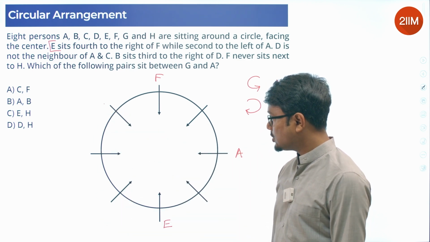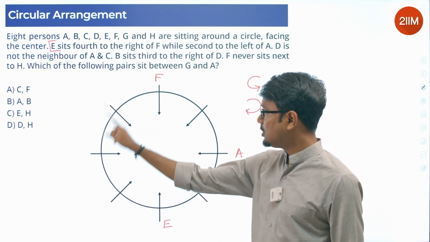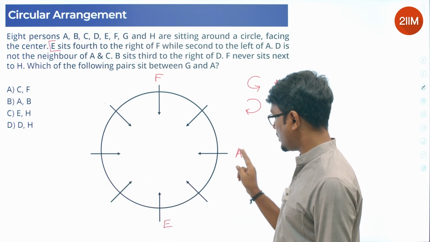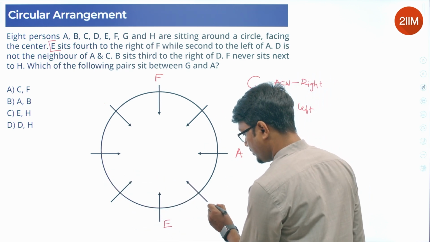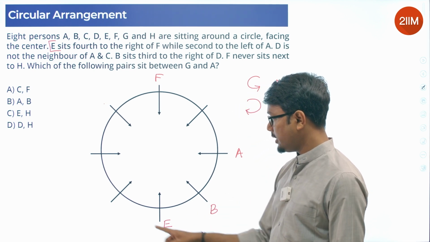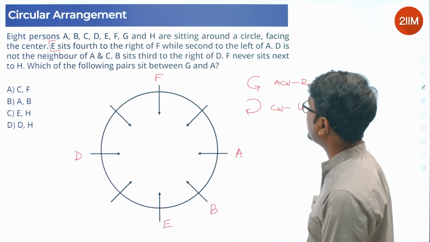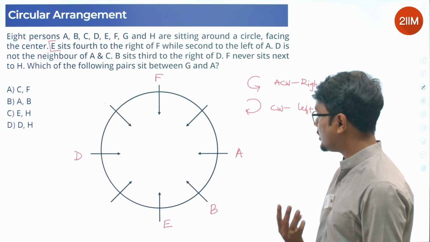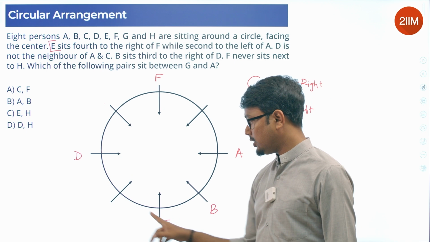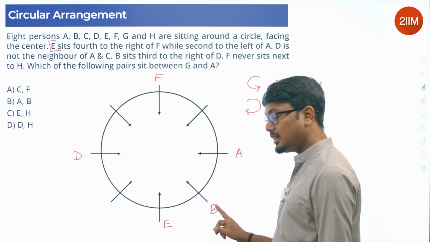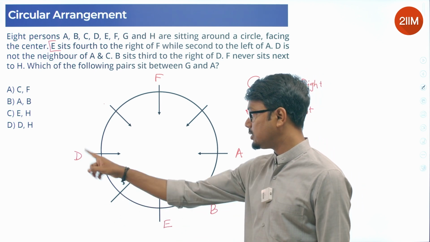So I should pick B here. Okay, so 1, 2, 3, this should be D. So D's third right is B, or other way around, B's third left would be D, 1, 2, 3.